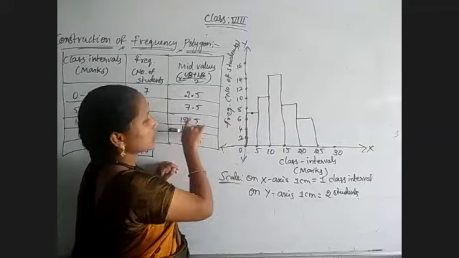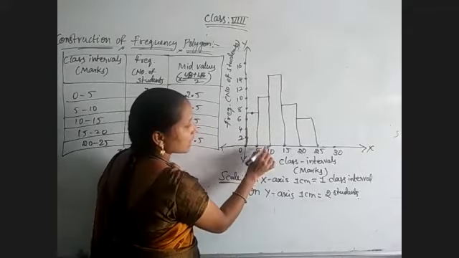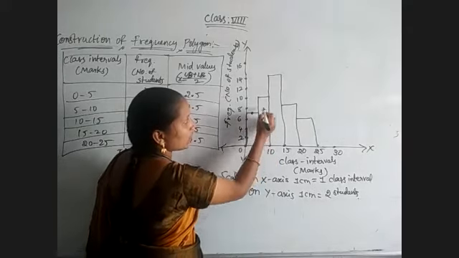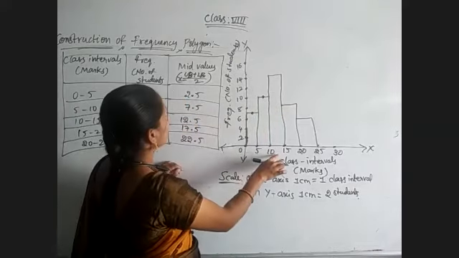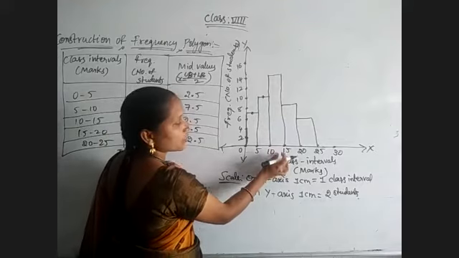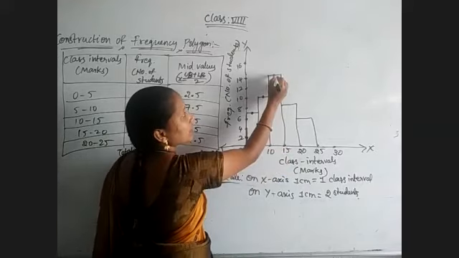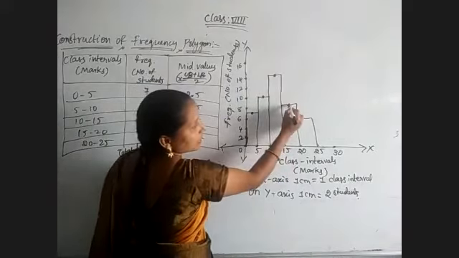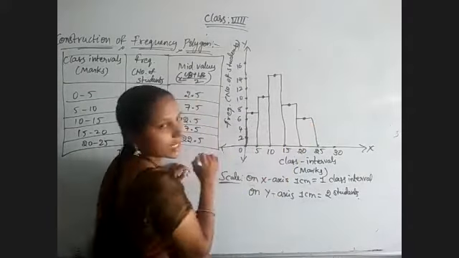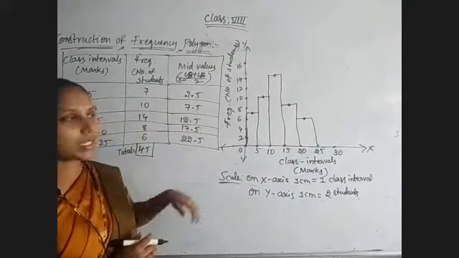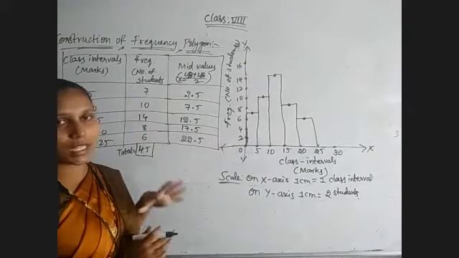Next, 7.5, exactly between 5 to 10, that is 7.5. Next, 12.5 is in between 10 to 15. So exactly the mid values, and similarly 17.5 and 22.5 we will get here. So first mark the midpoints of each class interval after drawing the histogram.